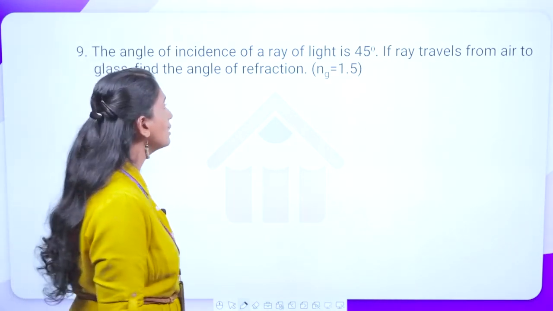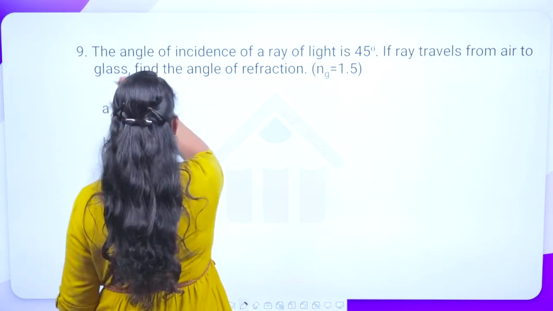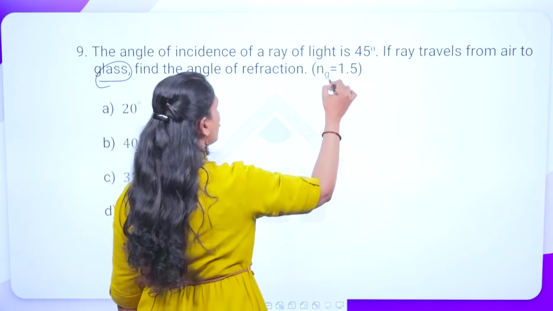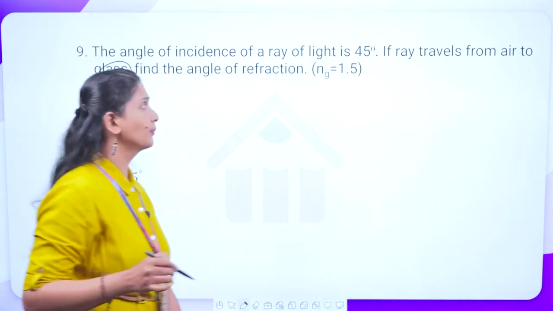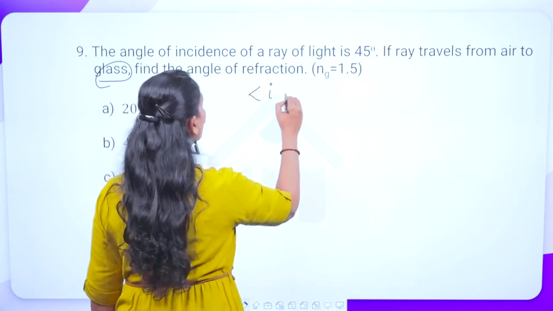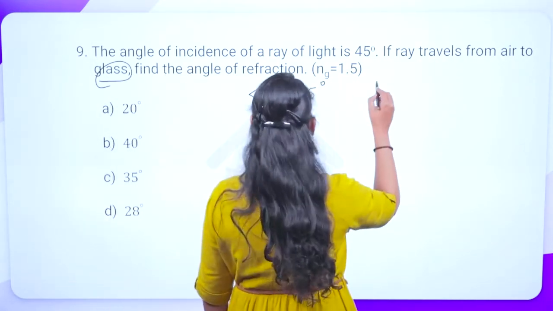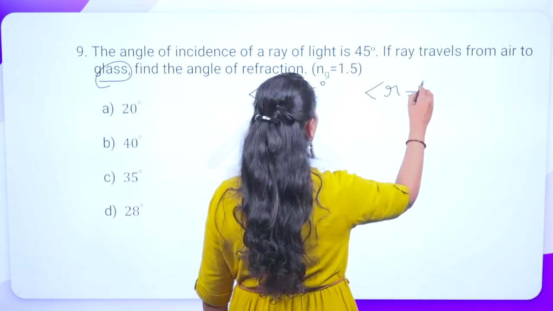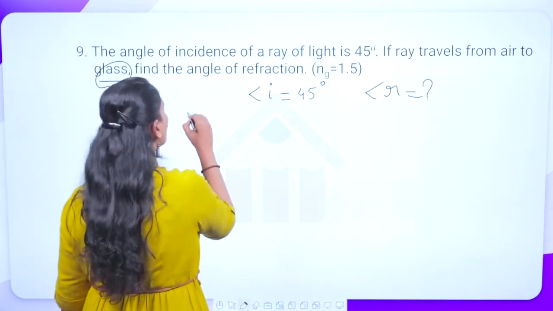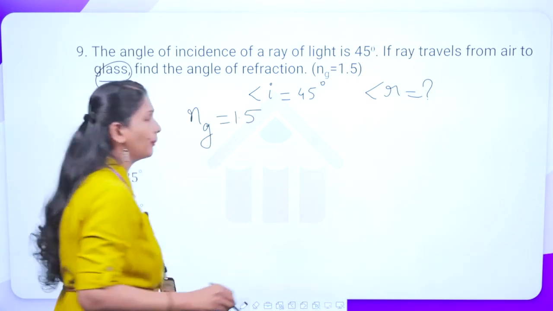And the refractive index of glass, G is glass as it is mentioned here, it is material glass. So Ng is given to be 1.5. So angle of incidence is given to be 45 degree and you have to find the angle of refraction. The only clue given is that refractive index of glass is 1.5.